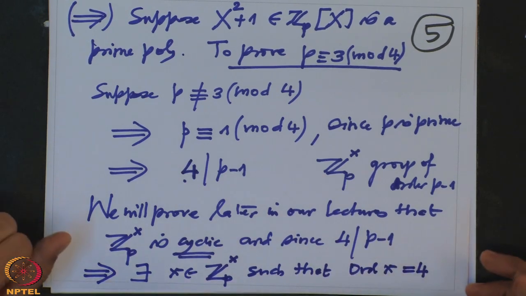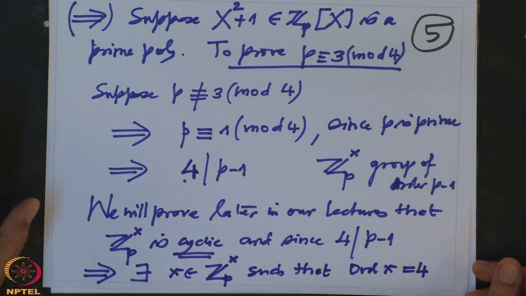This is true because in every finite cyclic group, for every divisor of the order of the group, there is an element of that order. So that's what I have used. This is a cyclic group, 4 is a divisor of the order, therefore there is an element X in that group of order 4.